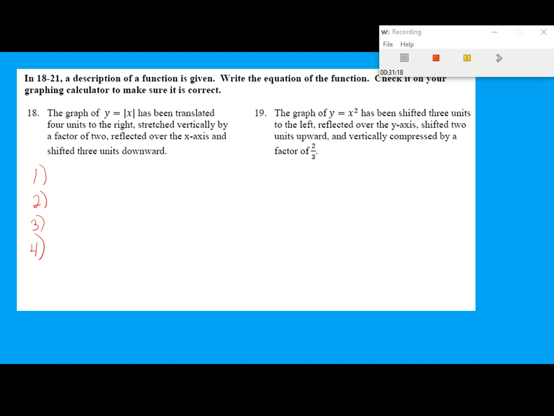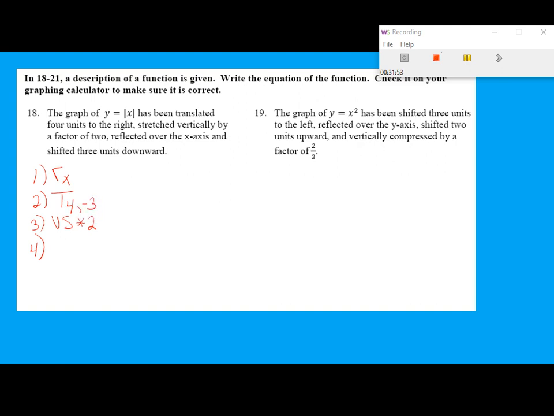So it says the graph of y equal the absolute value of x has been translated 4 units to the right. Well, I know it's been translated 4 units to the right so far. Stretched vertically by a factor of 2. Reflected over the x-axis. And then shifted 3 units down.